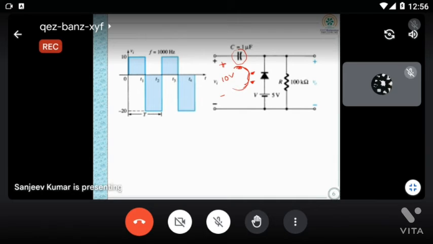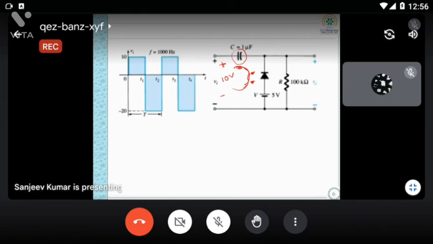So if you take the ideal condition for the 0 to T1 time period, this output will be 0 because it acts as open, since the capacitor is not charged till now. So the first condition I told is that the capacitor should charge, then the circuit will operate.